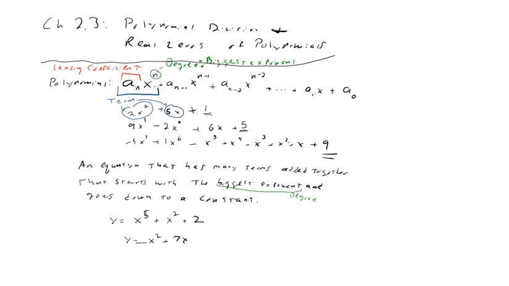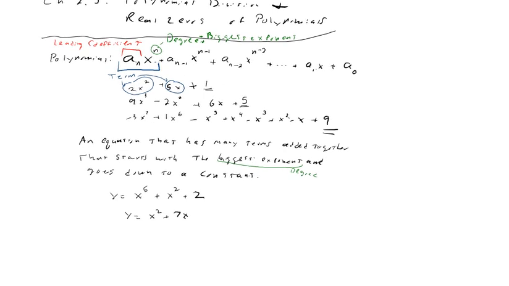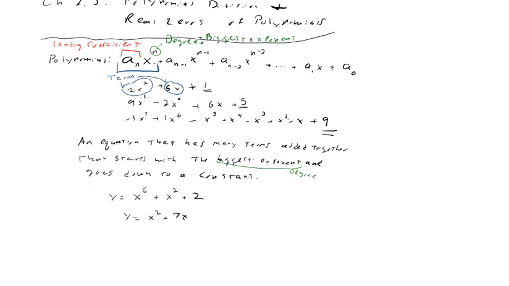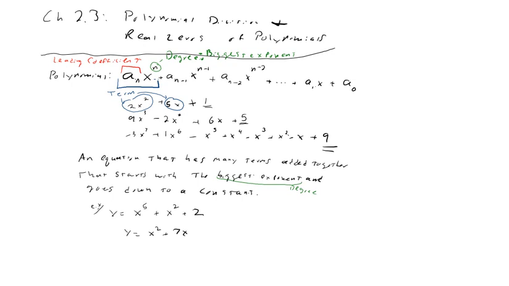All of these are types of polynomial equations. So this is a category of equation. And one of the important things about polynomials, we talk here about real zeros. Zeros of a polynomial.